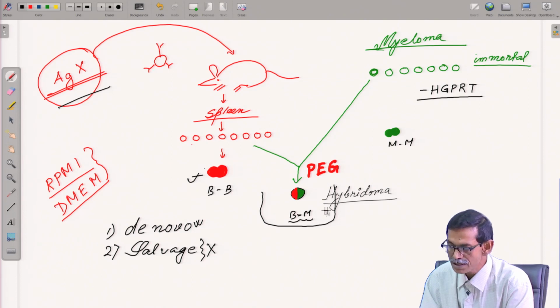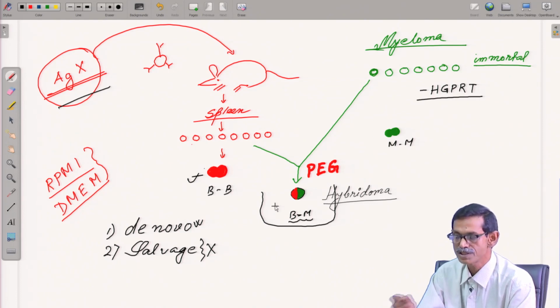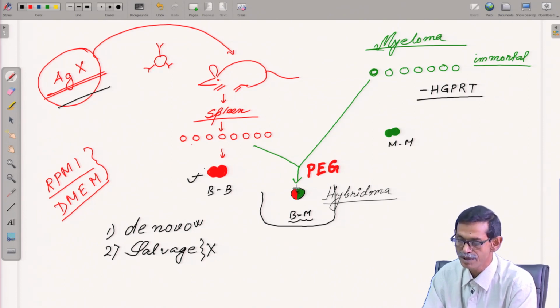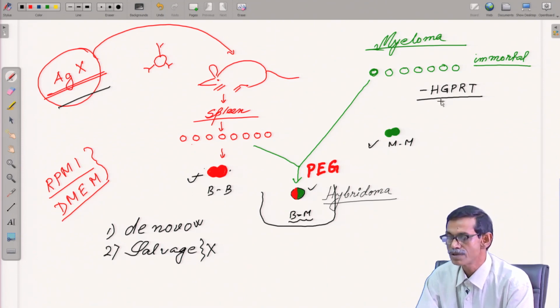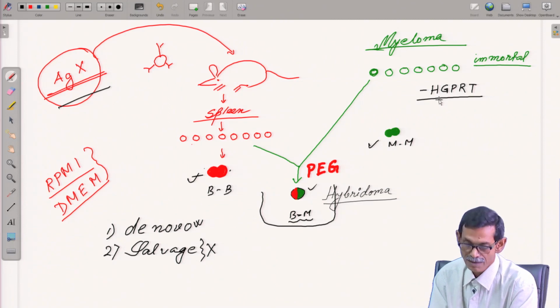But in this medium where we grow the mixture, after PEG you have all of these. These we do not care much, because they will die after a few cycles of their life cycle, but this cell and this cell both will survive. So, we have to get rid of that. They do not have HGPRT, fine, but they have the de novo pathway.